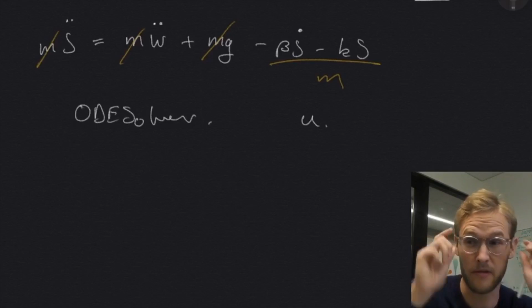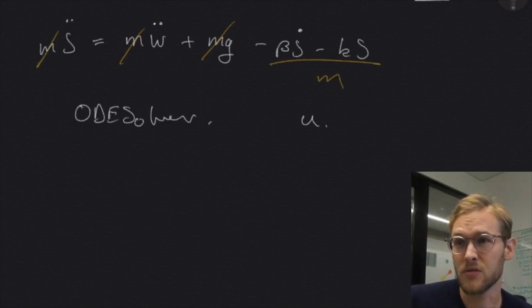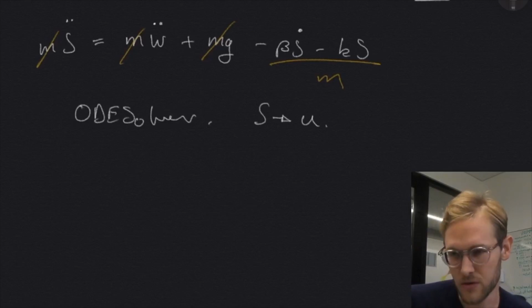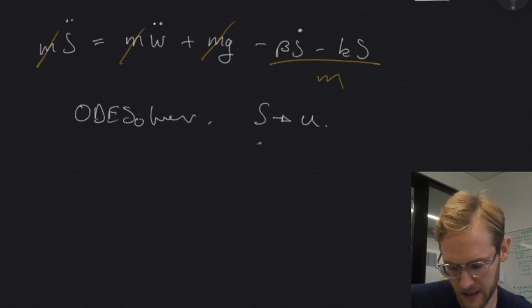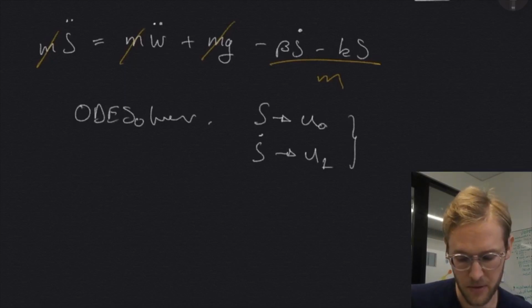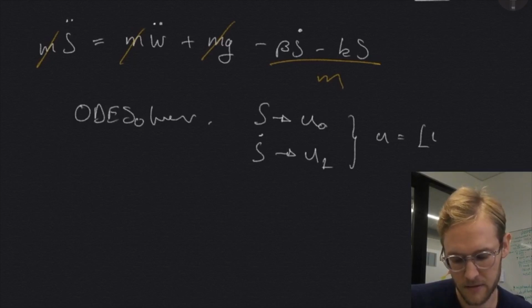It will be a system of equations. So first we'll rename s into u, and we'll rename the first derivative of s: this will be u0, and we'll name this u1. Then we can express this as a system of equations by putting both of these into a tuple or a vector containing u0 and u1.